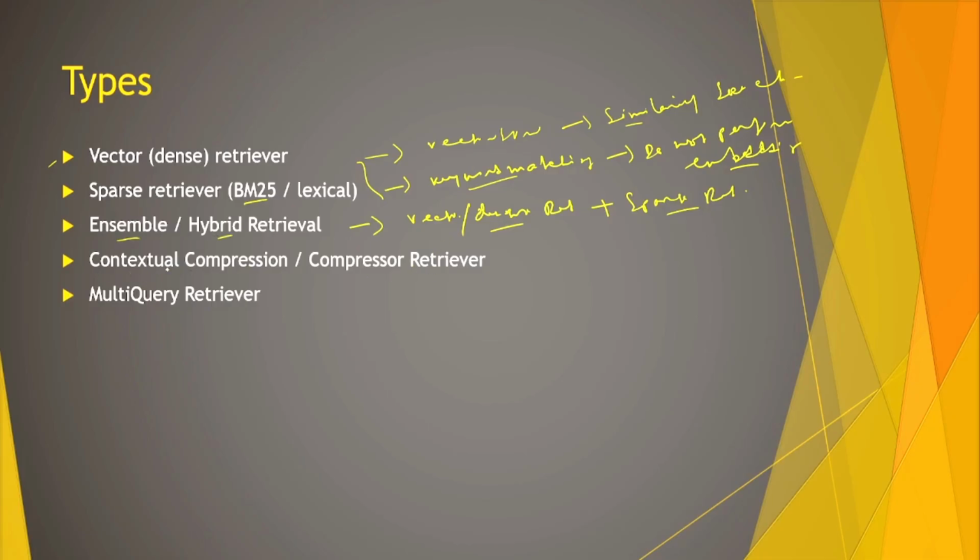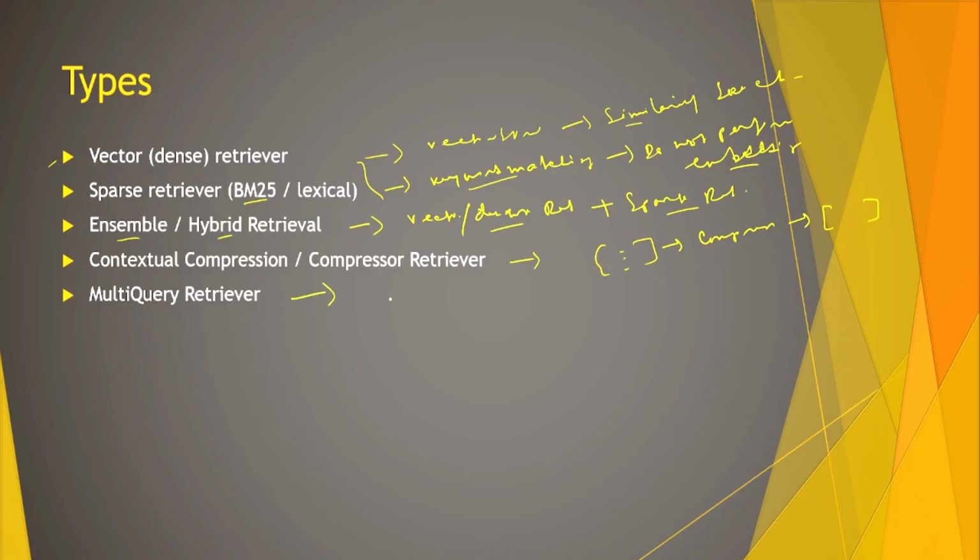The fourth one is the contextual compression retriever. Here, once we get our relevant documents, the retriever tries to compress them and finally gives the final output. This is another way.